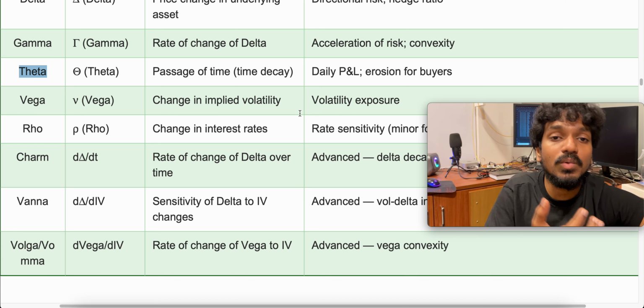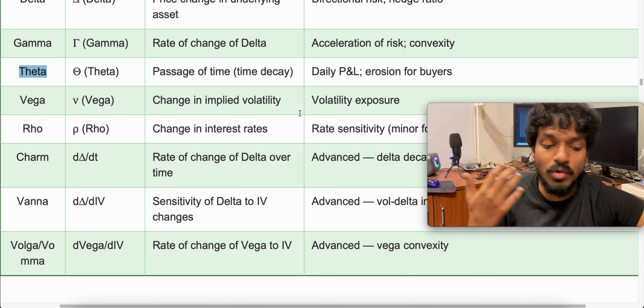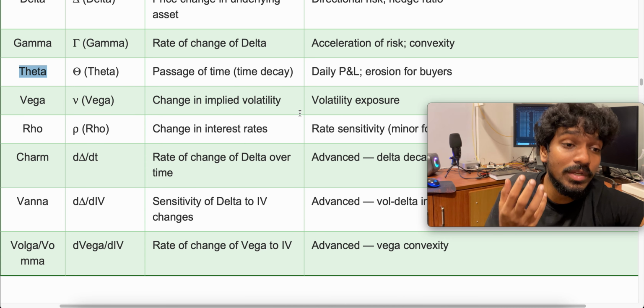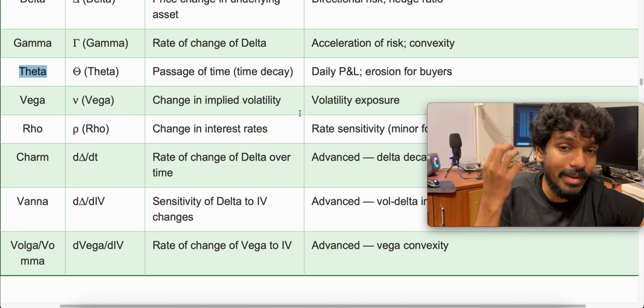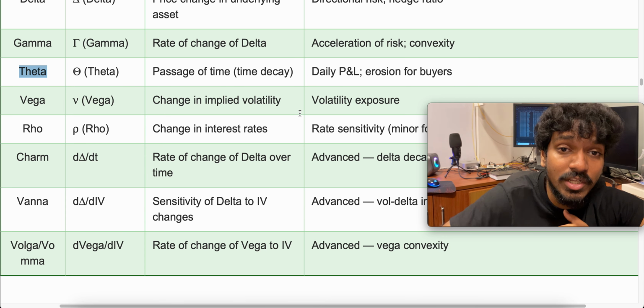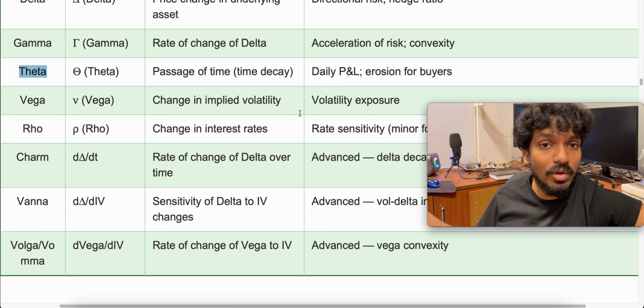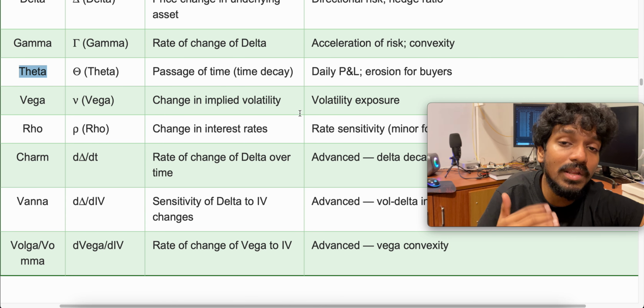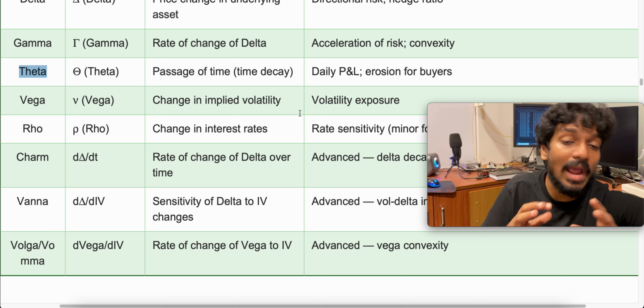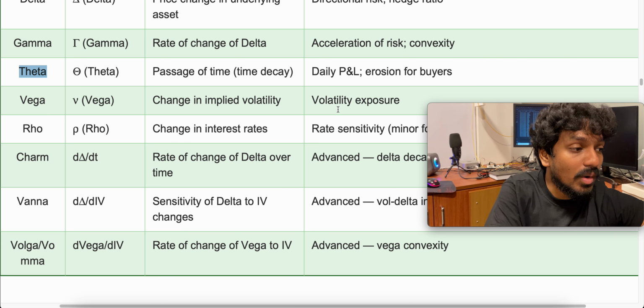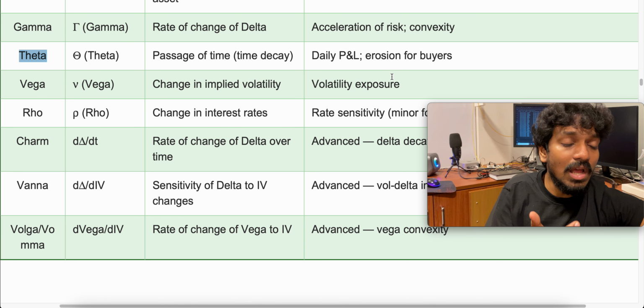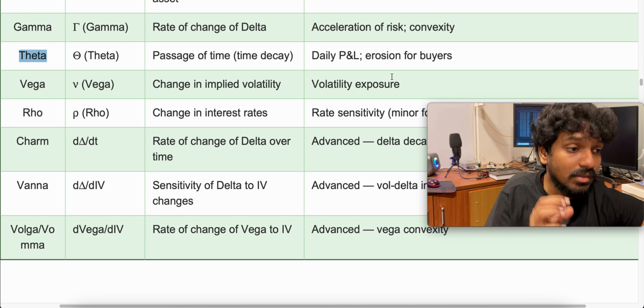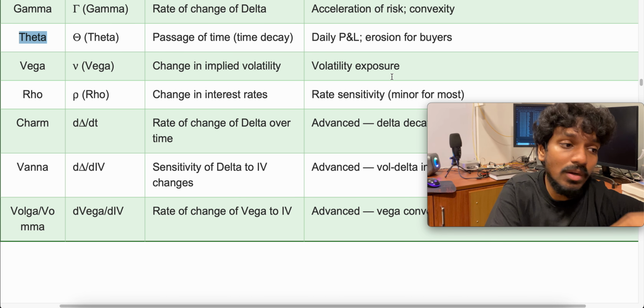With this equation, even the exchanges and brokers calculate how much your money is going to burn based on time decay. If the expiry is near and your contract is out of the money, your money is going to burn, and that is calculated by theta. So theta is a very important equation. We are going to see each and every one of them one by one.